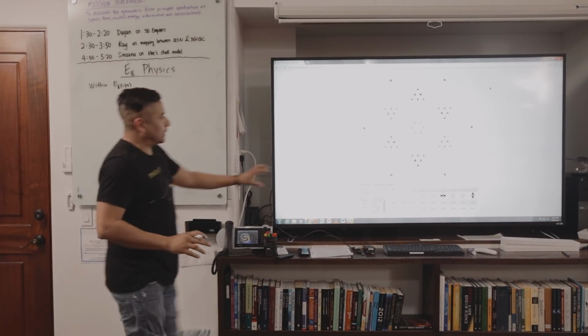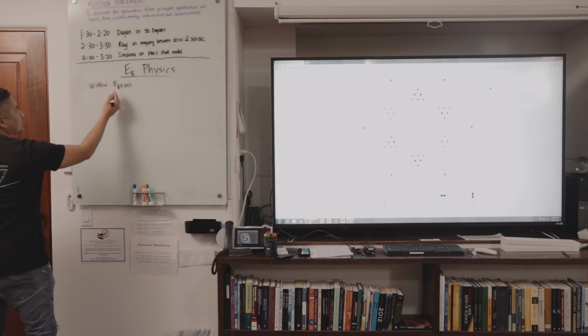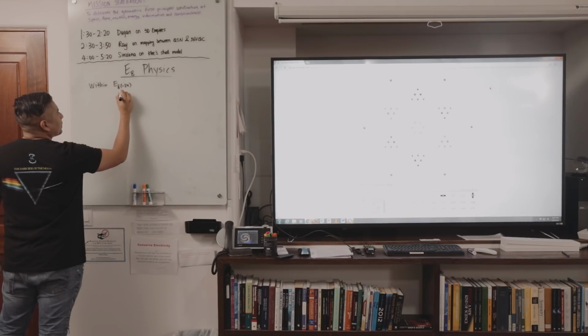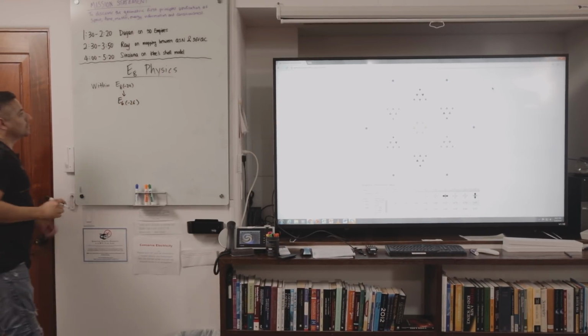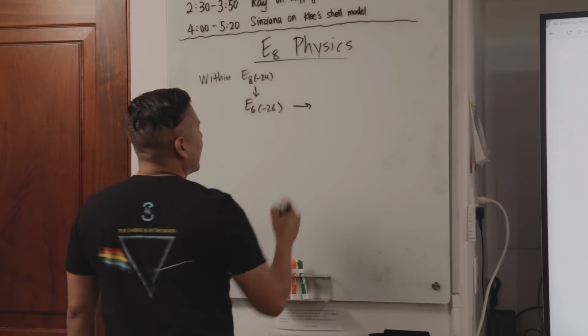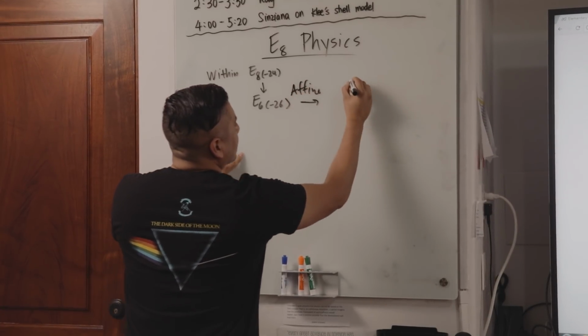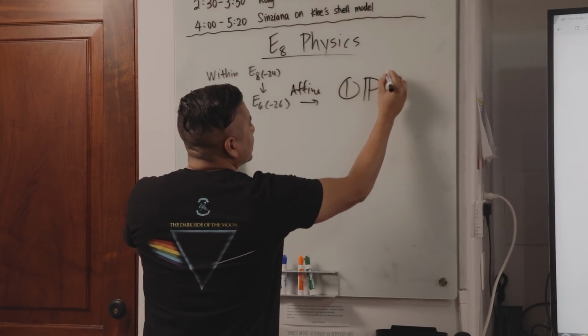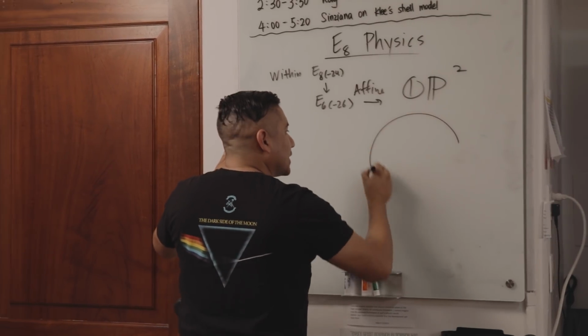So in here, this is a certain version of E6 that is contained in here, and that's the E6 minus 26. So this is actually going to be acting as the affine symmetry group of that space OP2.